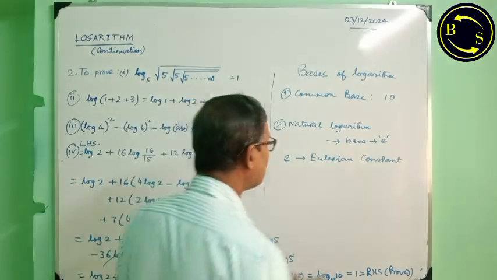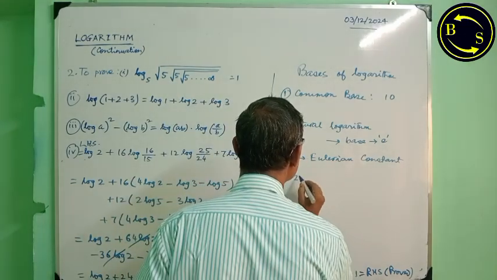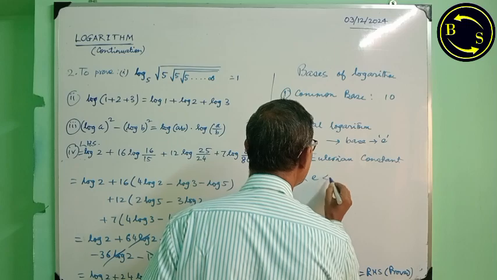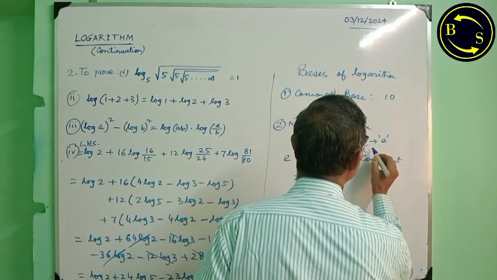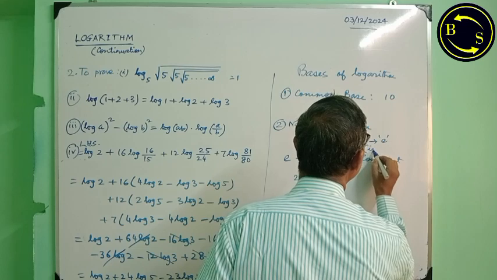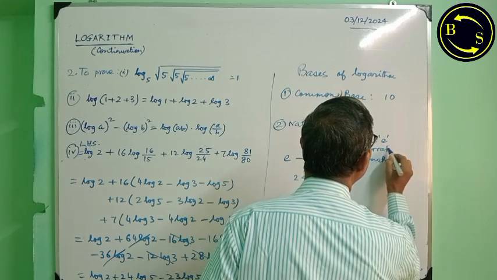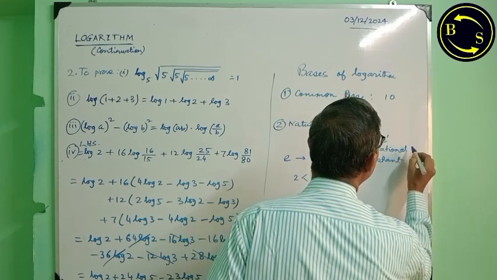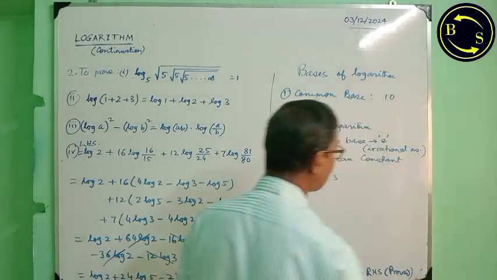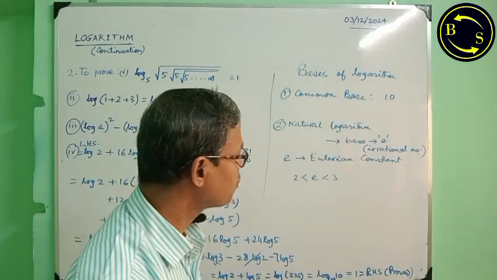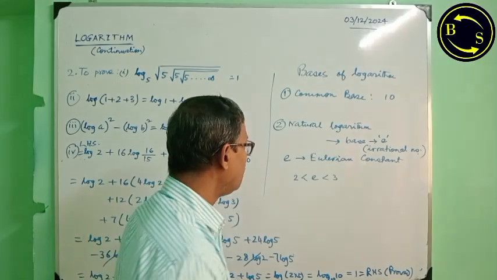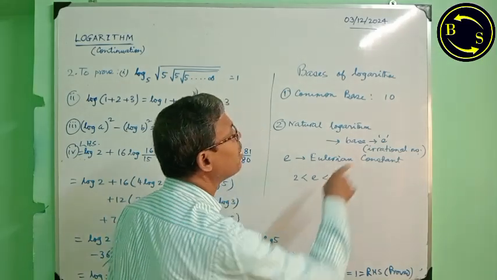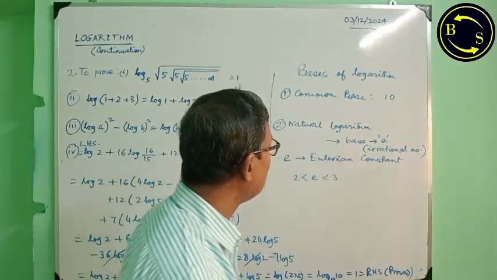Base is e and it is an irrational number. It was discovered by Euler, and I have already mentioned it is an irrational number.